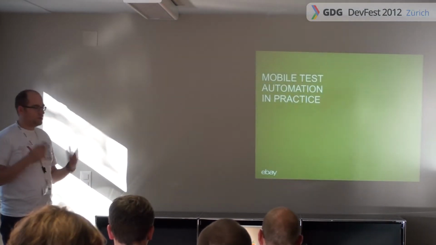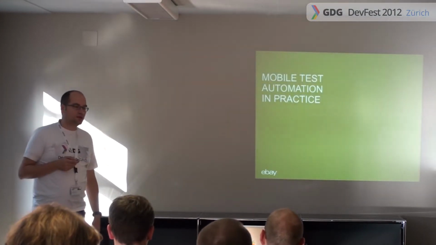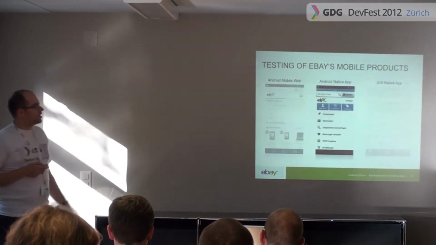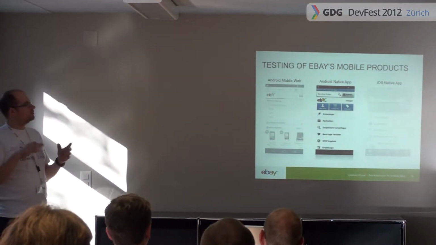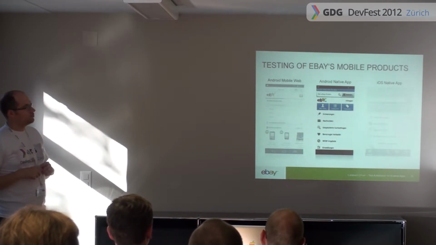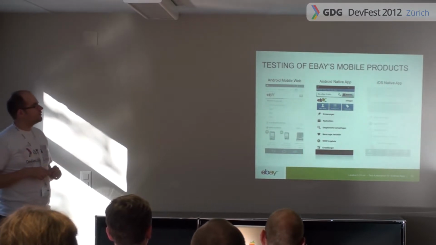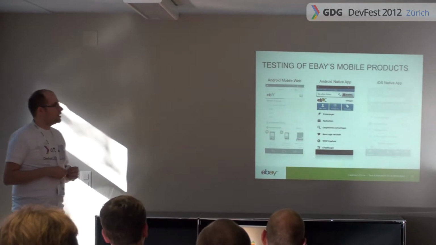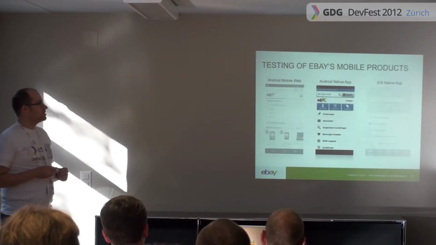And then we started to work on this. Maybe one comment about those different platforms. We have products for different platforms: mobile web, the Android native app, and also the iOS native app.